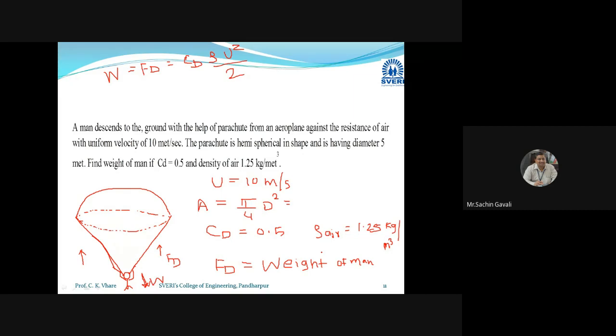So tell me the answers. Area of parachute, the projected area for drag calculation. What is the projected area?